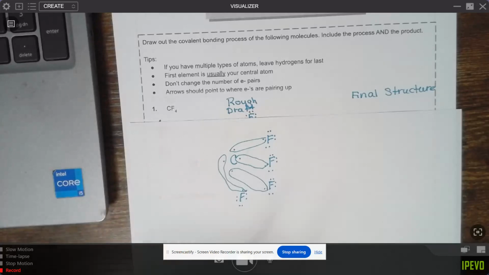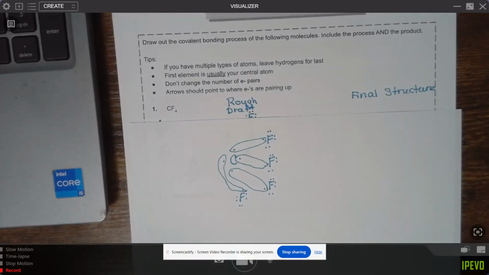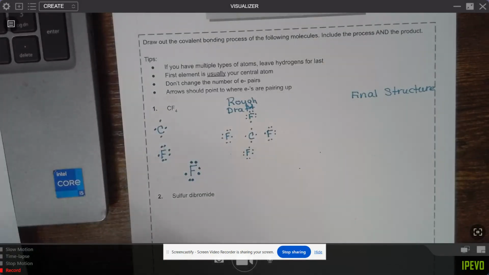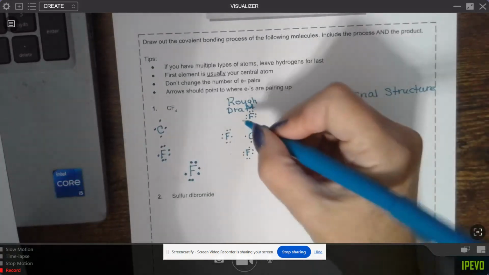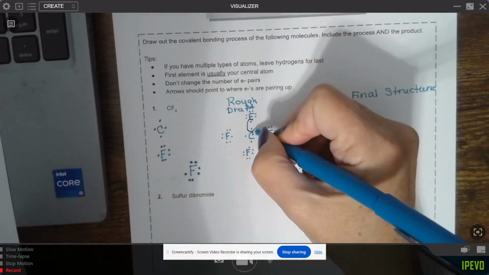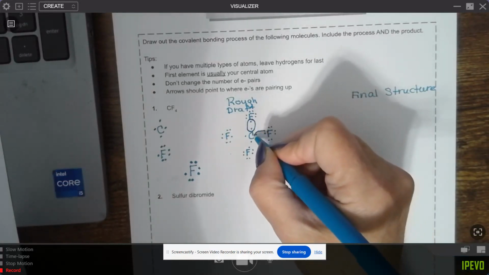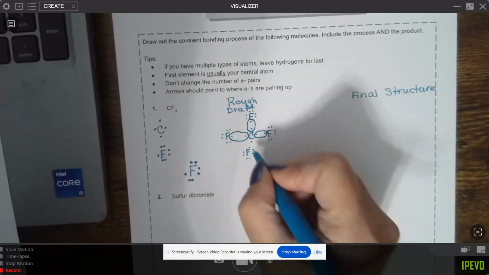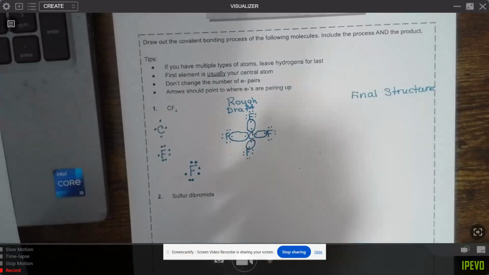So even if you don't draw it laid out neatly like I did, you can still figure out where those solo electrons are going to form bonds. So I'm going to form a bond here, here, here, and here.